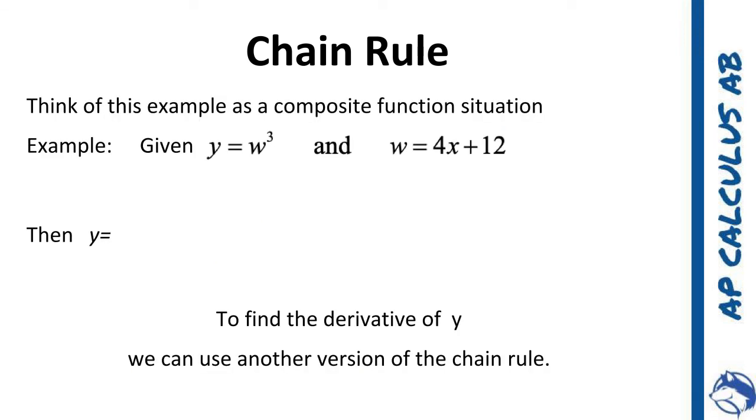So if I write this right as we go, where this is actually just y equals w cubed, well, w is the same as 4x plus 12, and then that's cubed, and this is a composite function because it's got more than one thing happening here. For this, we're going to find the derivative of y, and we're going to use the chain rule when we look at it like this.